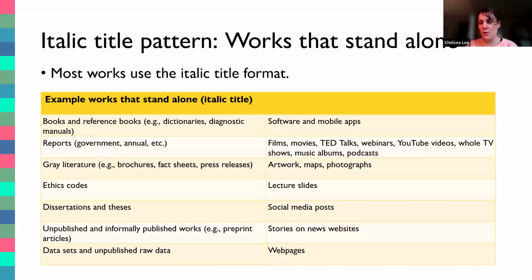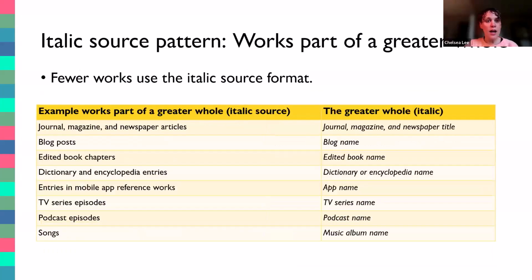And then for the next one, for works that are part of a greater whole, so let's show that. This one is going to have the name of the greater whole appearing in italics. So some examples of works that are part of a greater whole would be articles in journals, magazines, and newspapers.